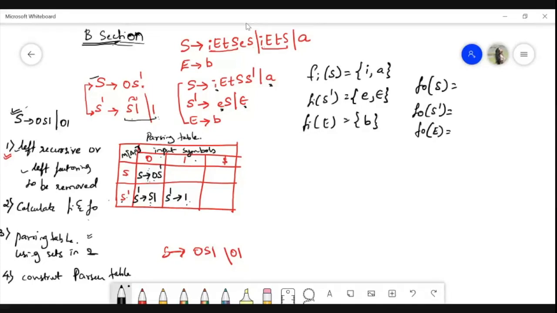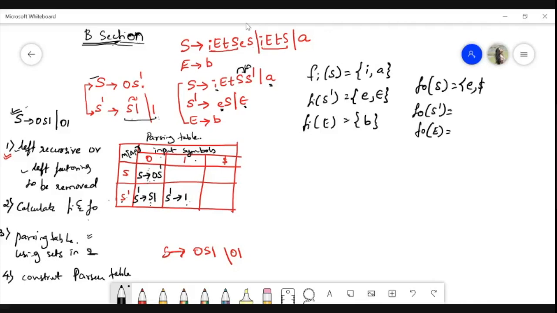Follow set of S. So follow set of S is first of S dash, right? So what is first of S dash? It is E. Epsilon I cannot include, so it won't be there. And also the dollar will be there since it is the starting symbol.